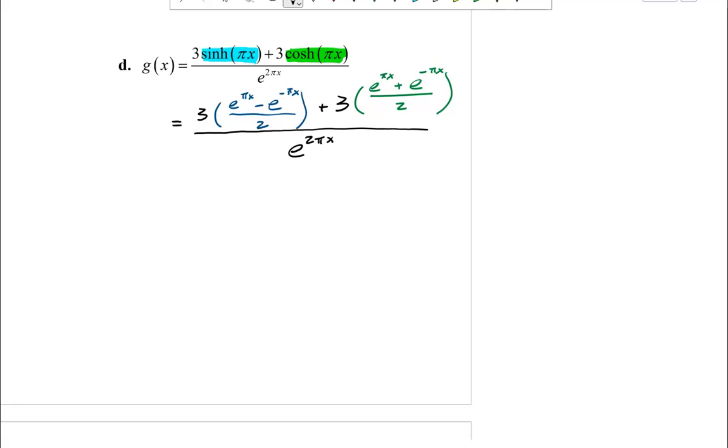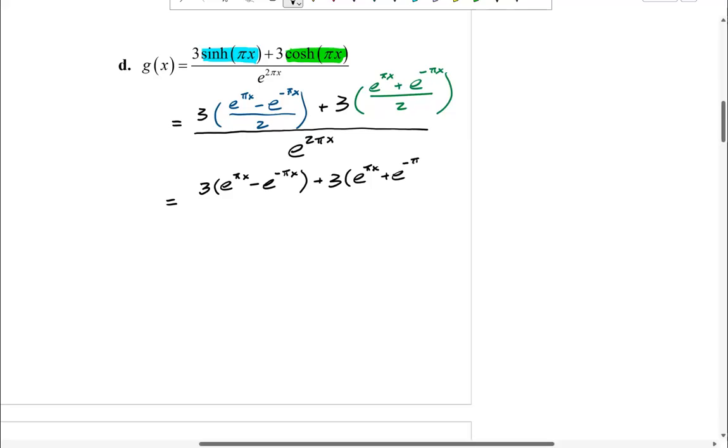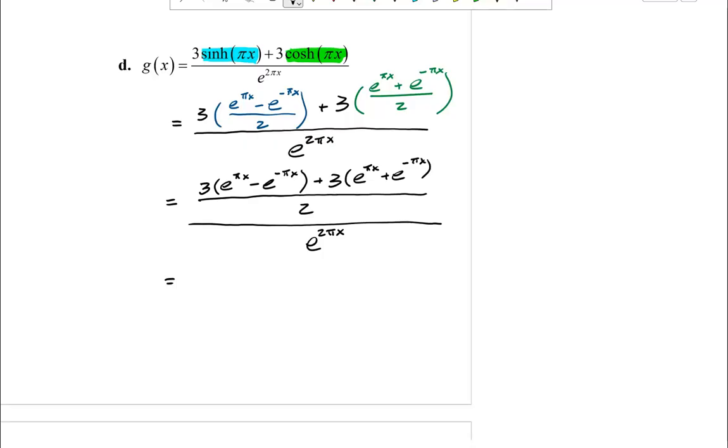Notice that both of these fractions have 2 in the denominator. So we could take the numerator of the blue one and add the numerator of the green one all over 2, and all of that is still being divided by e to the 2 pi x. Distributing the 3's, we get this.